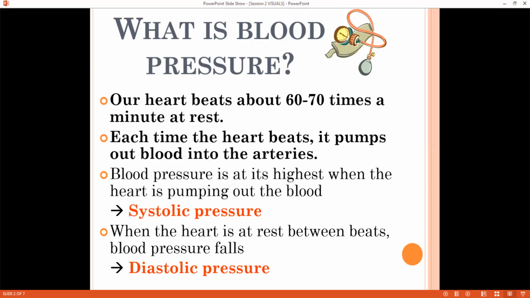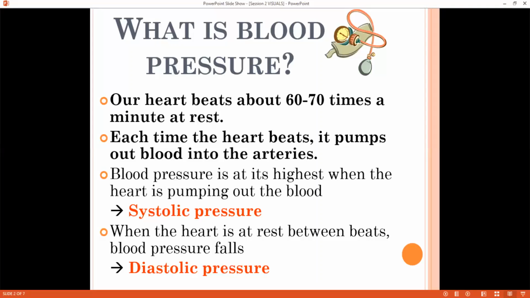Now that we know some of the basics of blood pressure, let's move on to discuss high blood pressure. High blood pressure means that the heart has to pump harder than normal for blood to get to all parts of the body. Blood pressure is too strong or too high when the heart works too hard or the arteries are too narrow. A heart that has to work harder than normal for a long time gets larger and weaker.